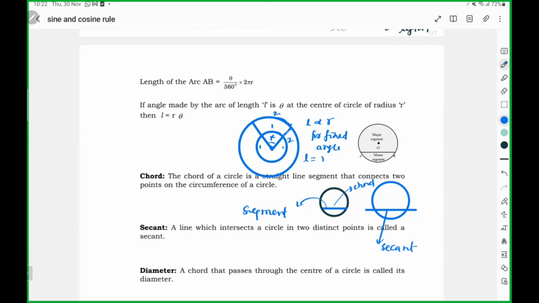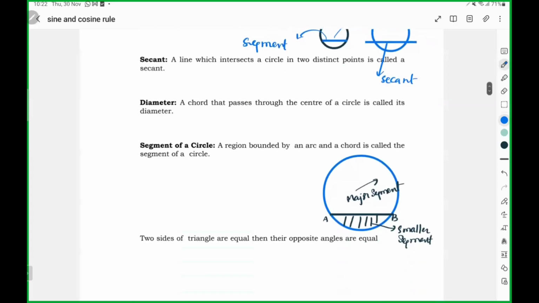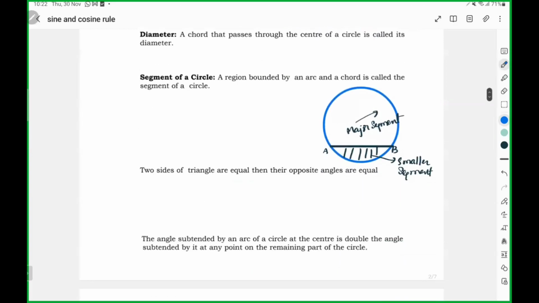So L is equal to R theta. It is the relation between the length of the arc and the radius. Right.